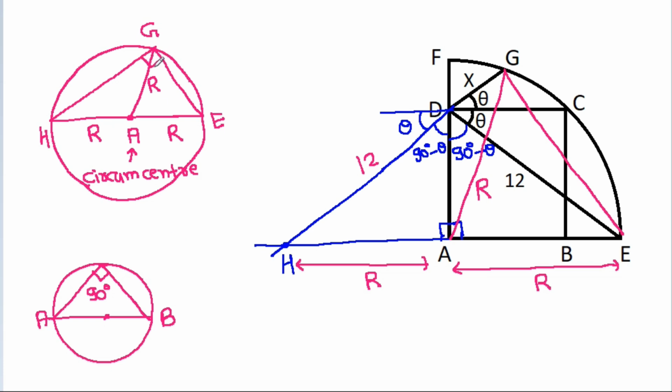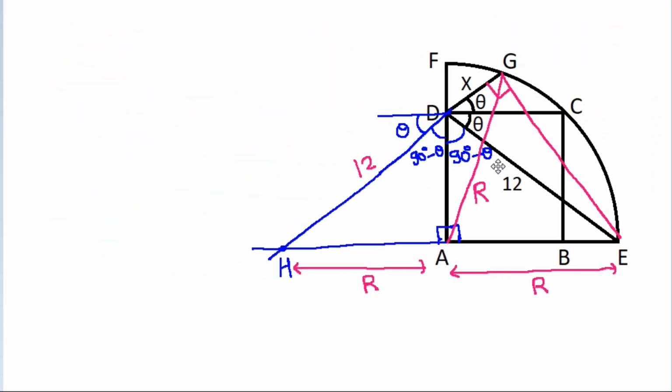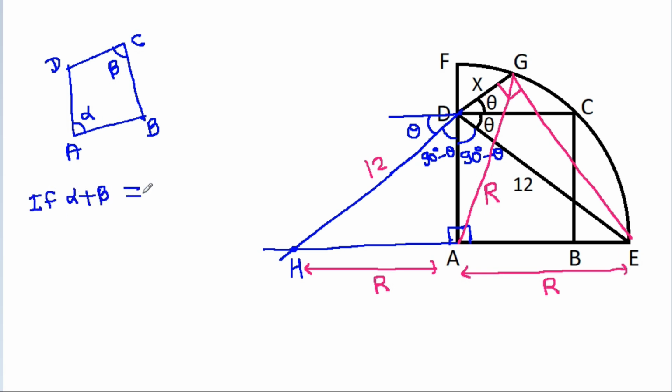So here this angle will be 90 degree, this angle will be 90 degree, and if in any quadrilateral ABCD, this angle is alpha, this angle is beta, and if alpha plus beta is 180 degree, then ABCD will be cyclic.